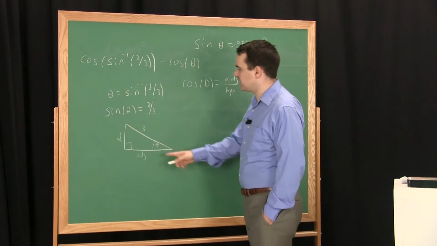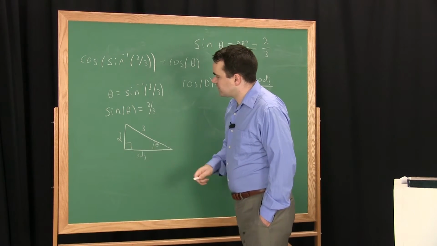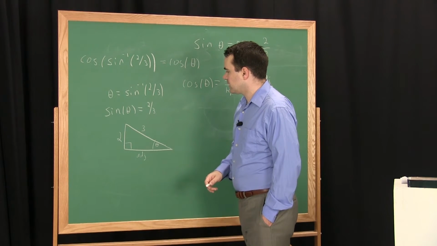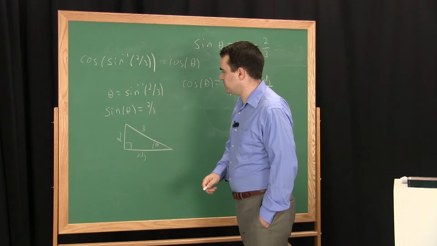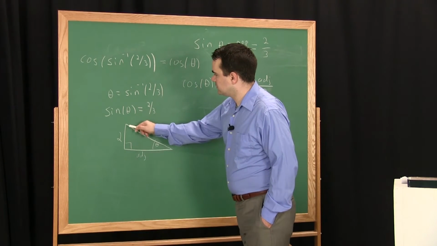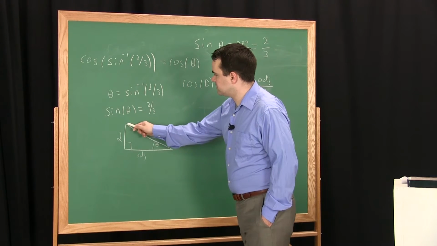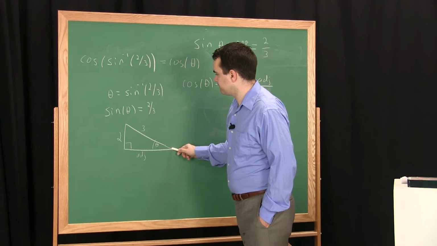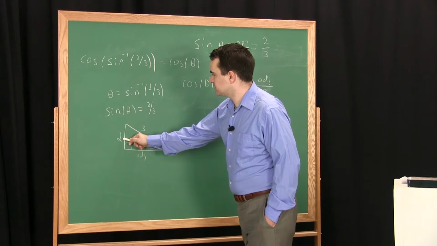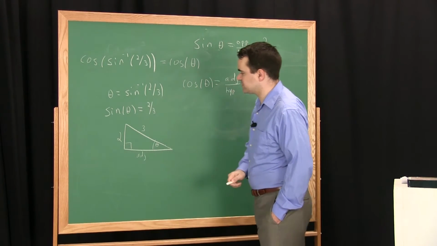And if you remember your trigonometry, the way that we do this is with the Pythagorean theorem. And so this tells you that the distance from here to here is equal to the square of this length plus the square of that length.